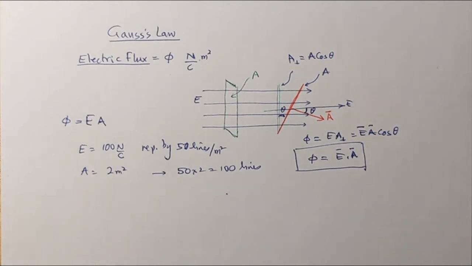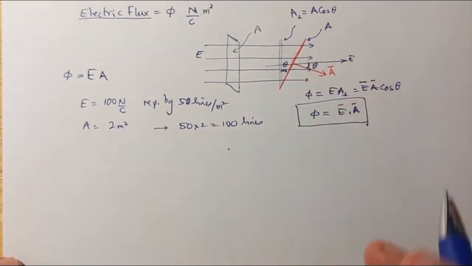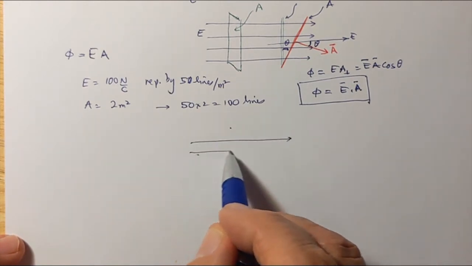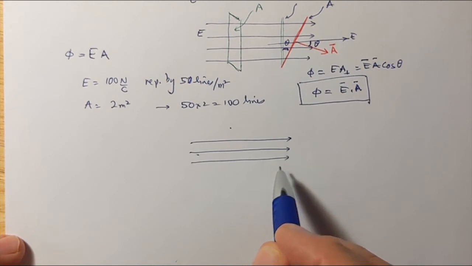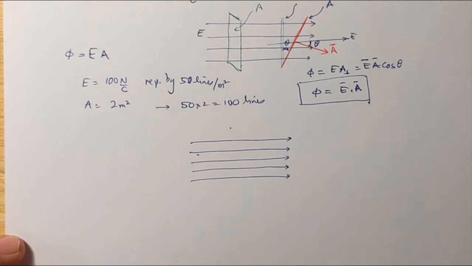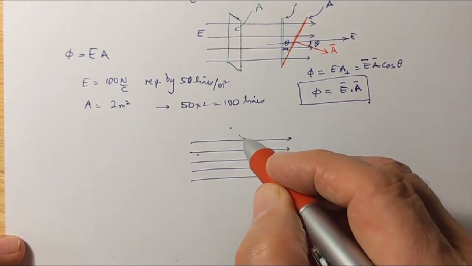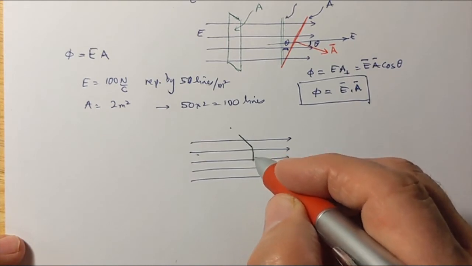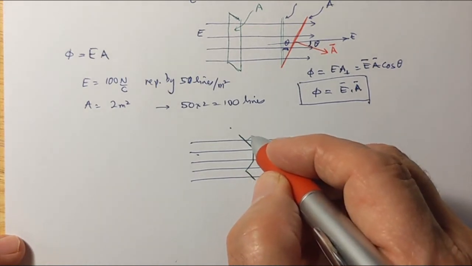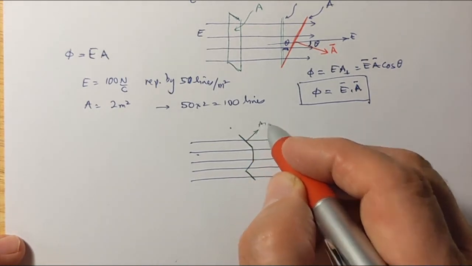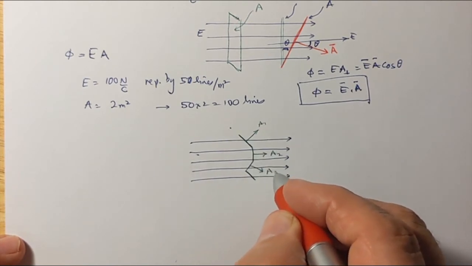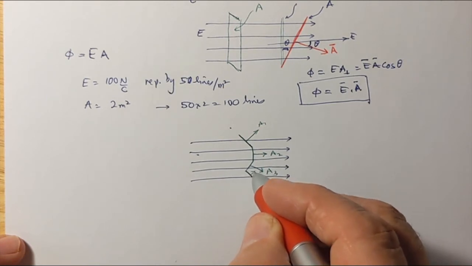Now if we have, for example, an area that's not simply flat like this, but we have lines of force that are going, again we'll deal with a uniform electric field for the moment, and then we'll see what would happen if the field is not uniform. And then our area is composed of some flat parts, some smaller parts, some bigger parts. So this is A1 pointing this way, and this is A2 pointing this way, and A3, and A4 pointing this way.